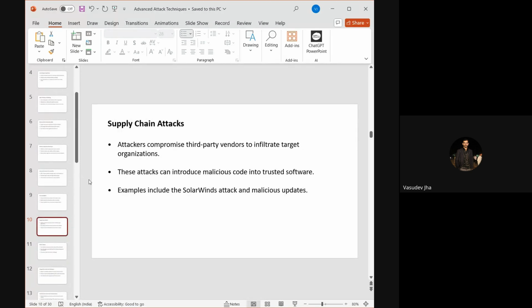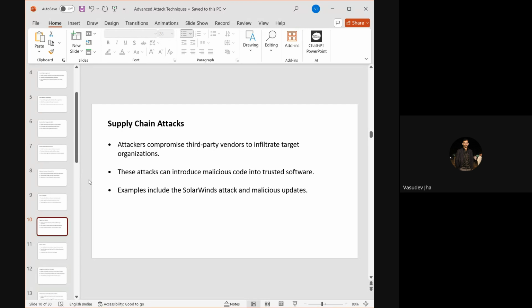Then we have supply chain attacks. Attackers compromise third-party vendors to infiltrate target organizations. Nowadays, lots of websites, web applications, or any infrastructure have different vendors for different objectives. Okay, in development we are basically using APIs and all.